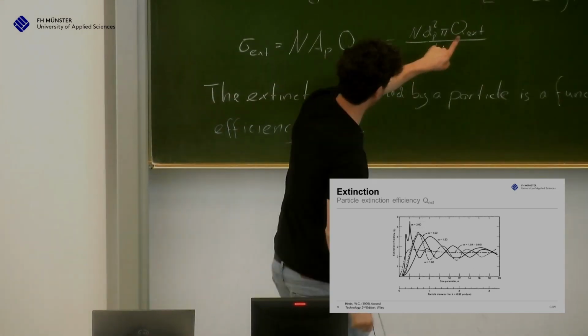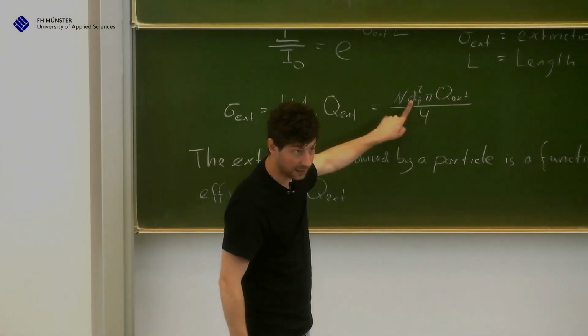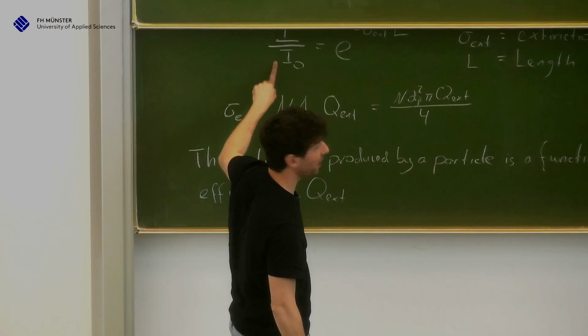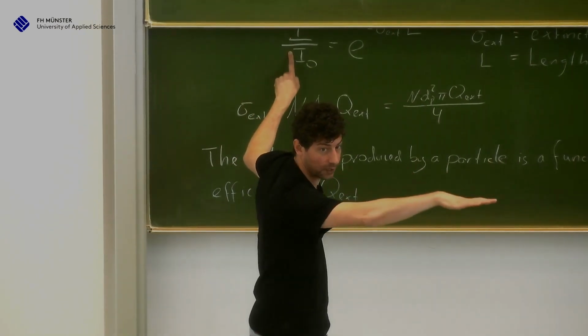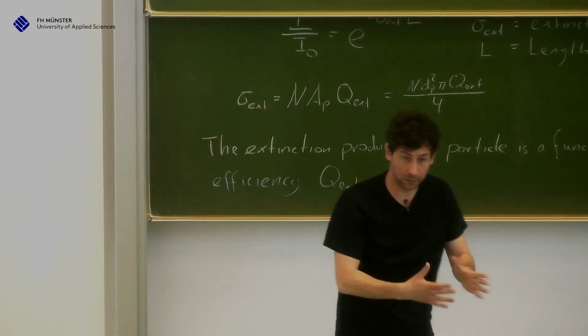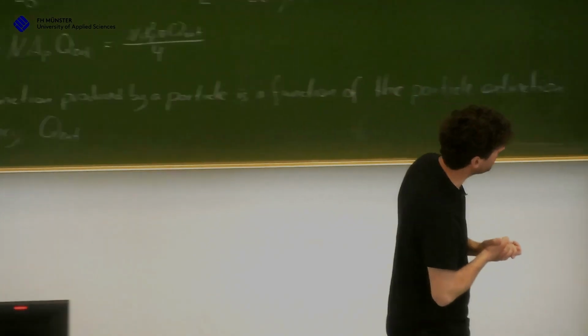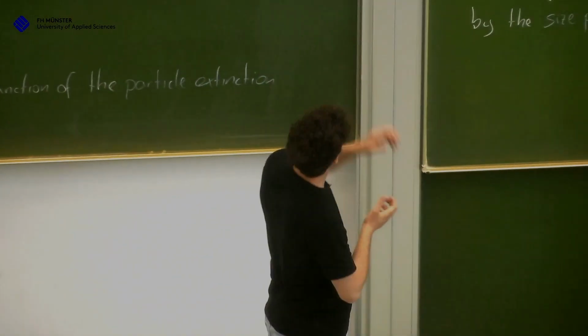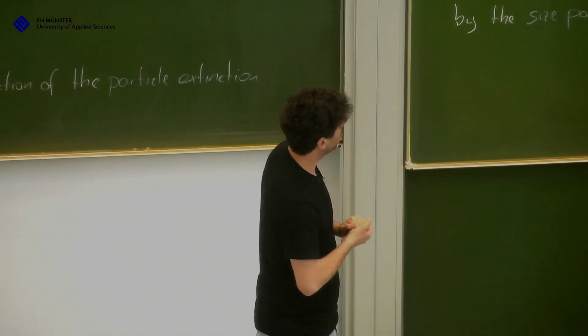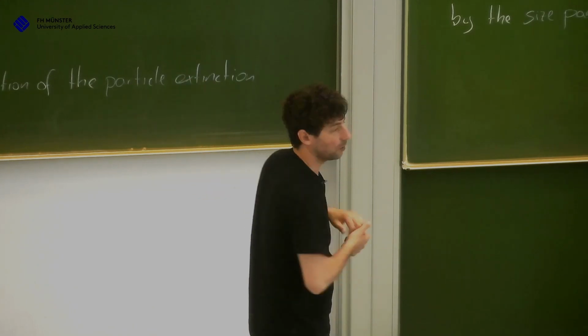If you have this value and you know the size, you can calculate the loss of light through an aerosol. So it's quite easy. You calculate the size parameter, then you look in the diagram, and then you can do the calculation.